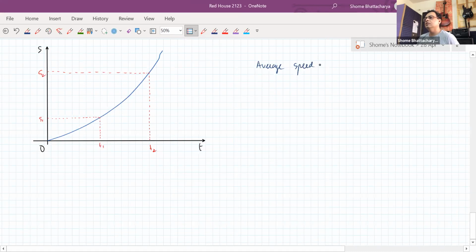Average speed for the interval t1 to t2 would be defined as the distance traveled divided by the time interval. So it would be s2 minus s1 upon t2 minus t1. Remember, average speed is always defined for an interval.